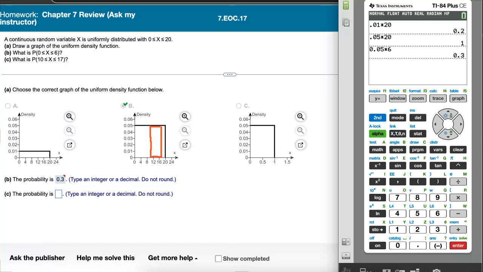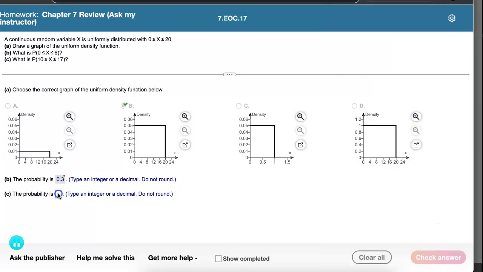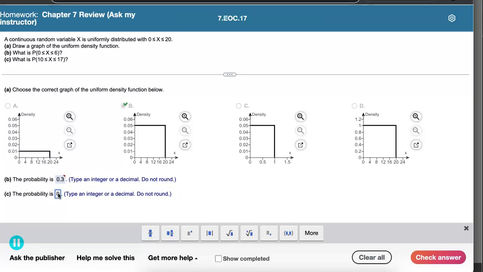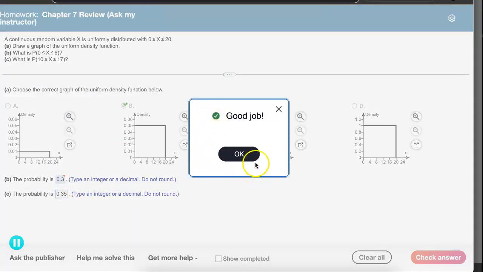It has a length or width of 7 because the distance from 10 to 17 is 7. I will multiply those two together to get the area under the curve for that particular x interval, which is 0.35, which means it's also the probability when x is between 10 and 17.